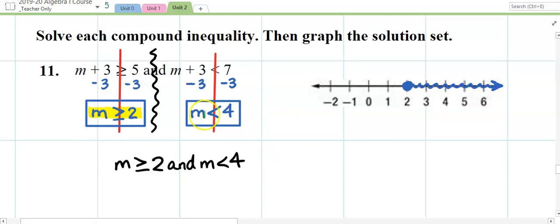For my second inequality, I'm going to put a closed dot on 4 and shade to the left. But remember, it says and, so I need to be on the common part, which is right in between these two numbers, and I can erase the rest of it.